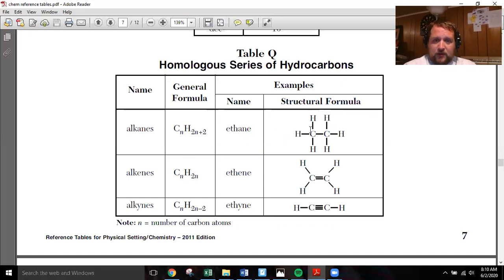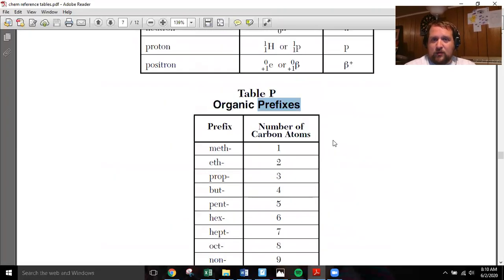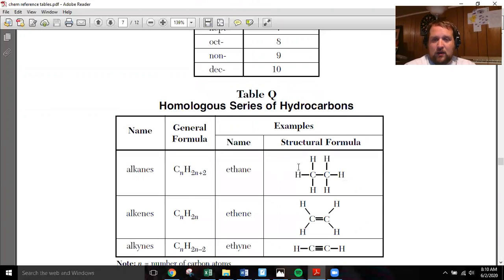If you notice, all 3 of these examples start with eth, and we can see why. If you look at table P, eth means 2 carbons, and all 3 of these structures have 2 carbons. What's different is their suffix, or their ending. This is ethane, this is ethene, this is ethyne.